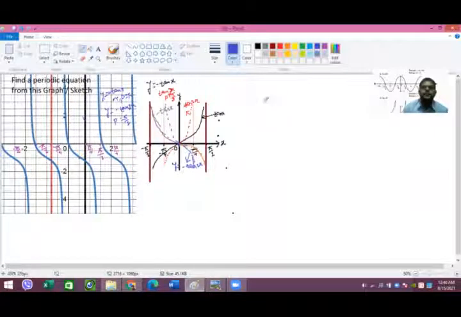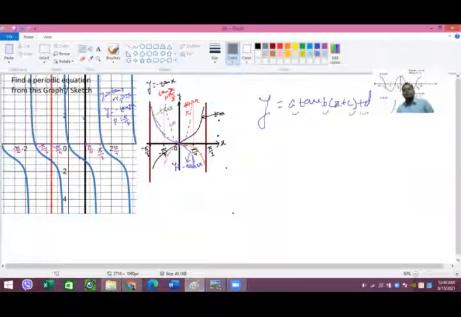So first of all, write down one equation, y equals a tan(bx + c) + d. If you can get the values of a, b, c, and d, then we'll have the equation of this periodic function from the graph.